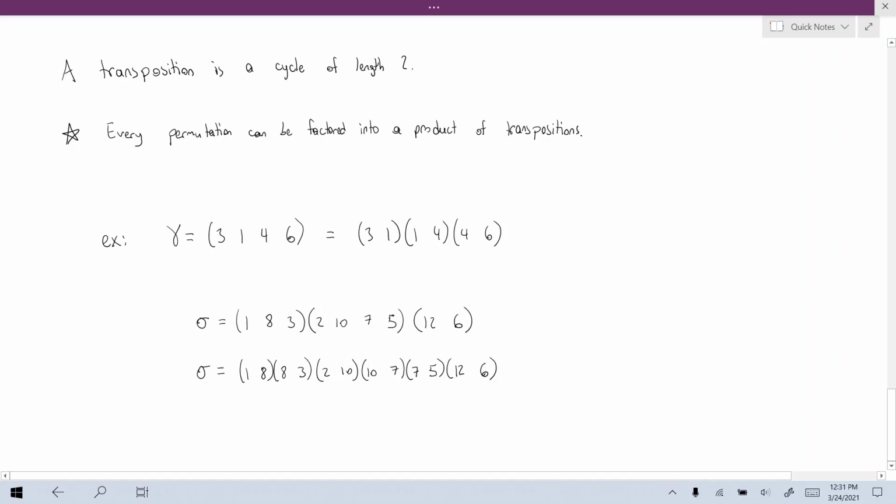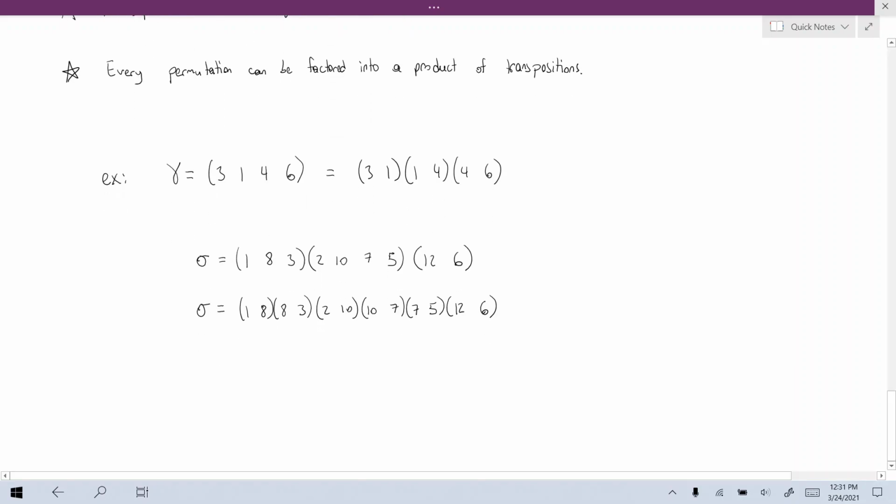So in general, to factor a permutation into a product of transpositions, you can just factor it into disjoint cycles first, and then factor each of those cycles into transpositions. Okay.